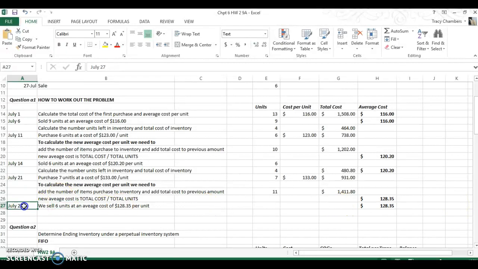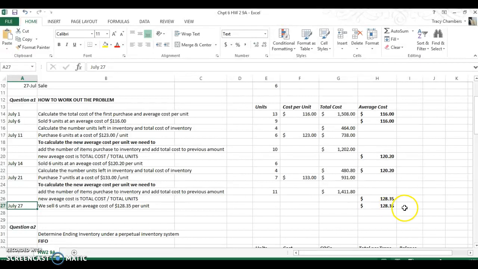And on July 27th, we sell 6 units at an average cost of $128.35 per unit.